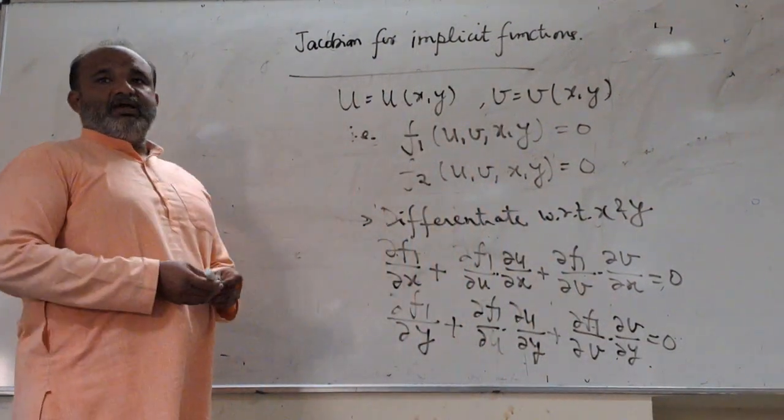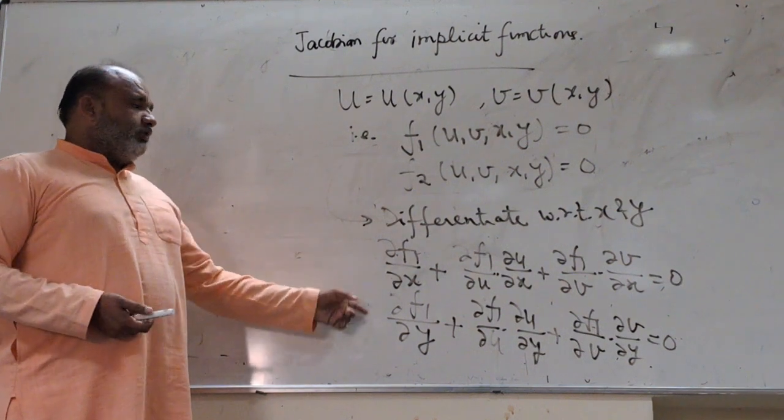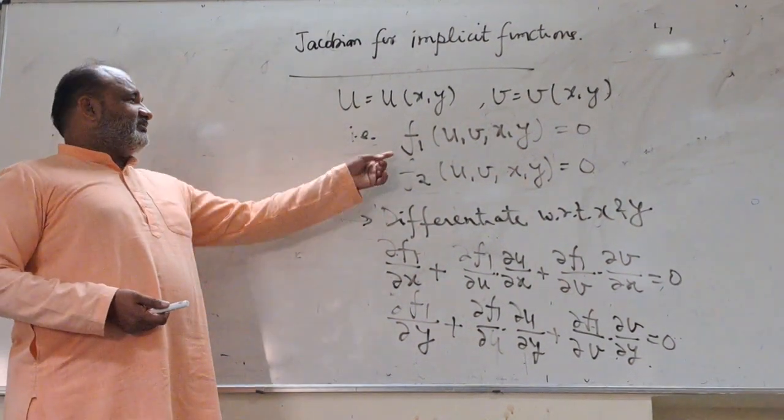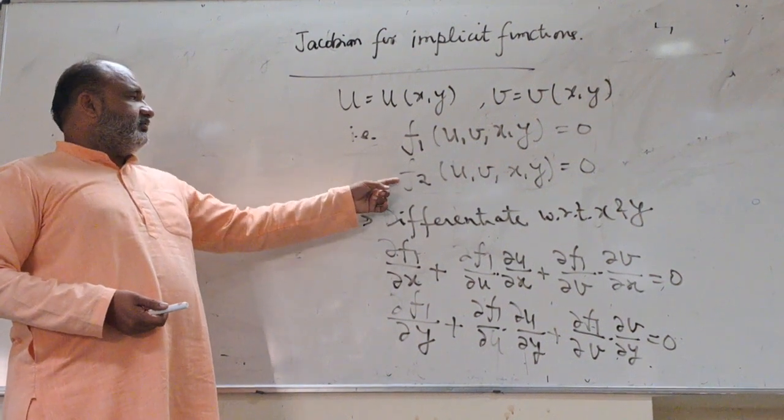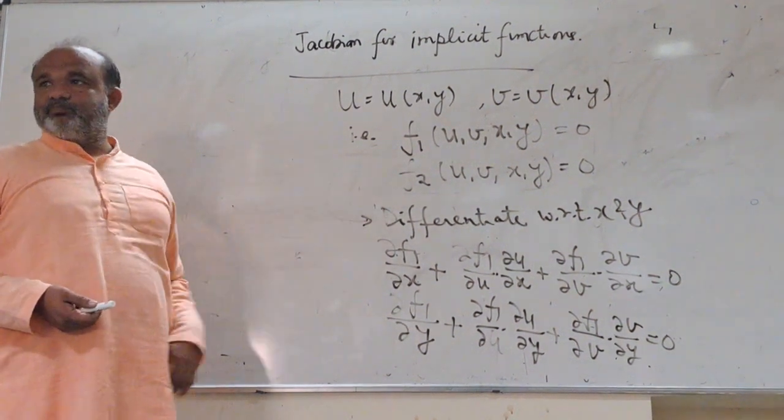So in this way I get two equations from functional relationship f1. Similarly I can have for f2, right?